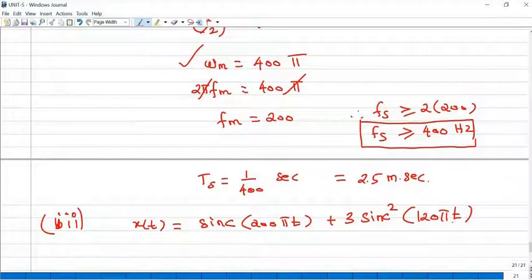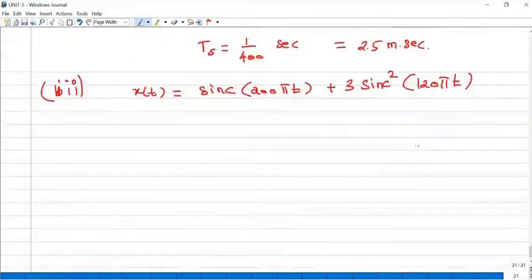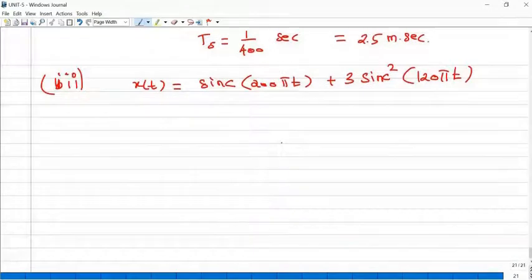Now how to solve this problem? Sinc 200 pi t, sinc square 120 pi t. If more than one signal is given, what we need to do? Find the frequency content of each one. Which one is highest, that you have to consider as Fm.